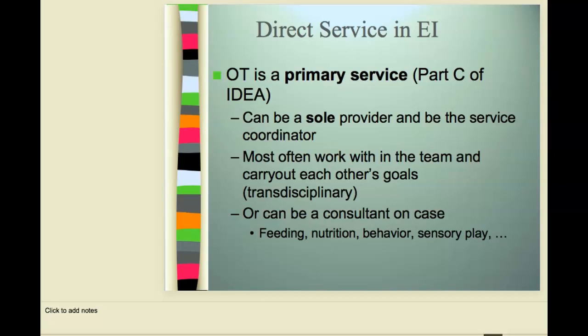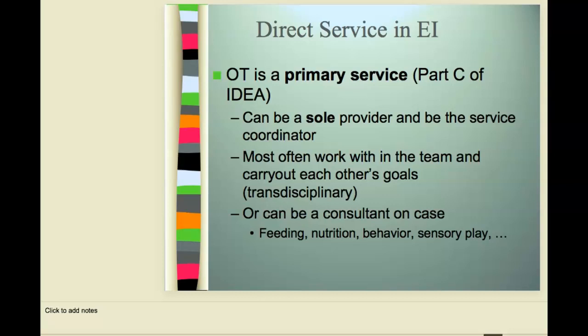In early intervention, usually you work in teams, and usually whatever area is of most concern is the area that will determine the lead provider of service.